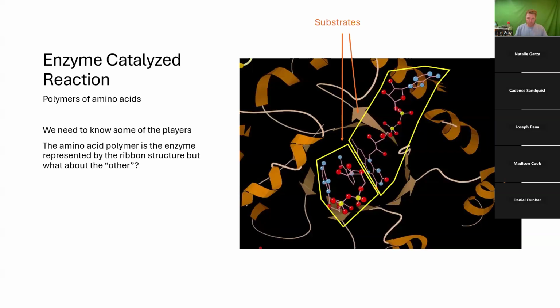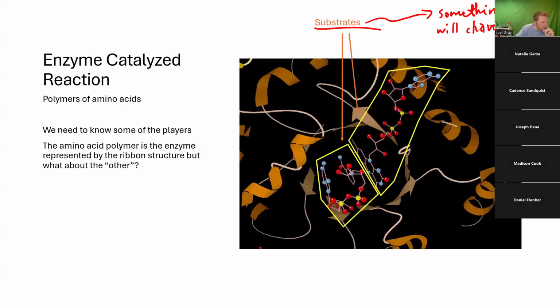A substrate, however, is a molecule or compound that an enzyme will bind onto and will do something to. So when you see a substrate, what you should be anticipating is something's going to change. Something will change here. Either these two molecules are going to be combined, or maybe one of them will be broken up. So whenever you look at a model like this, it's always important to see, okay, what's my enzyme and what's my substrate?